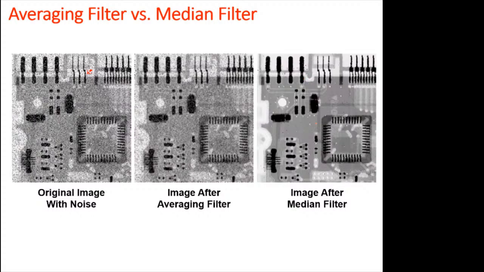Of course, noise cannot be removed completely, as I said in live. So there is some noise still left, and that will remain there. You can't do anything about it. But largely 90% noise is removed. So median filter is the best for removing salt and pepper noise.